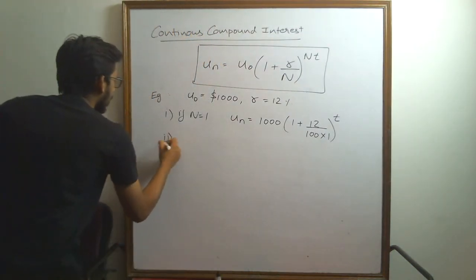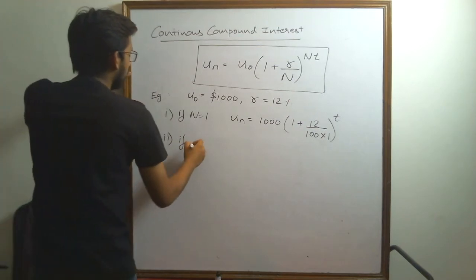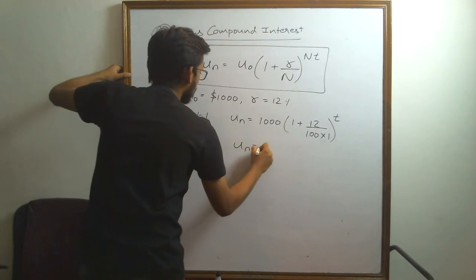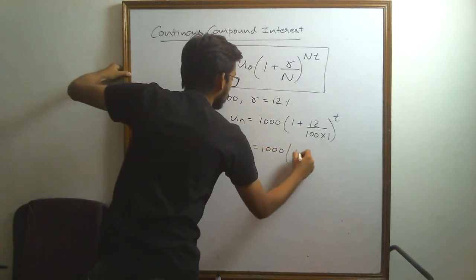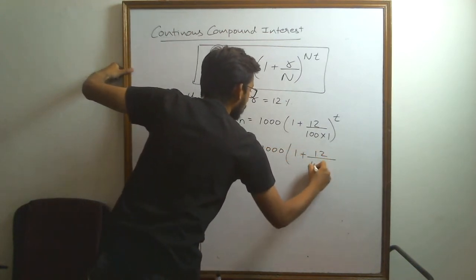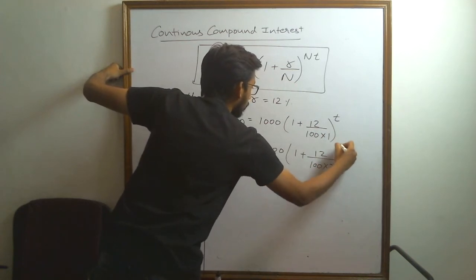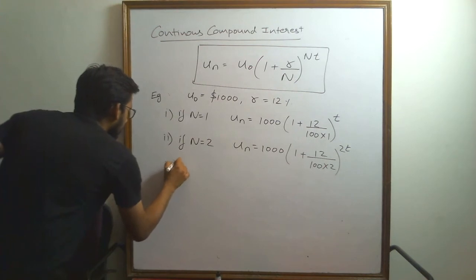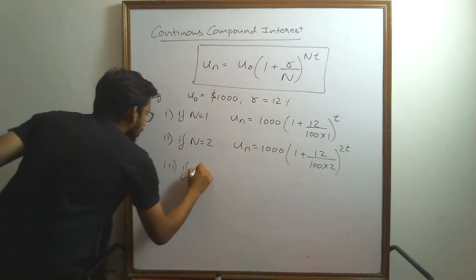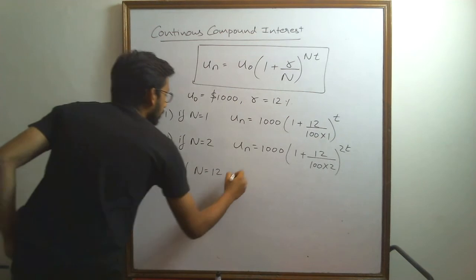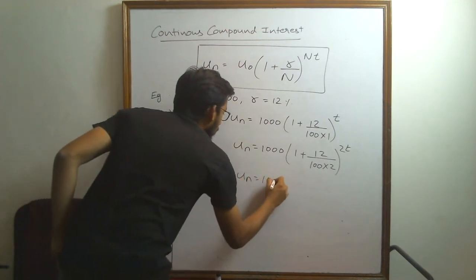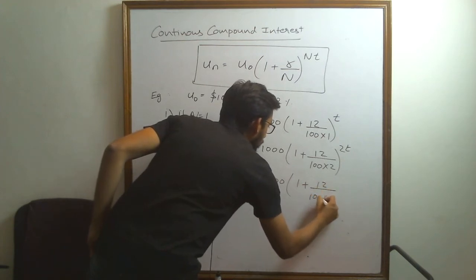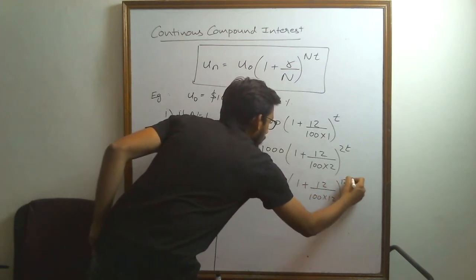If interest is compounded every 6 months, then capital N is equal to 2, so Un is equal to 1000 into 1 plus 12 upon 100 into 2 whole to the power 2t. If interest is compounded monthly, then capital N is equal to 12, Un is equal to 1000, 1 plus 12 upon 100 into 12 whole to the power 12t.